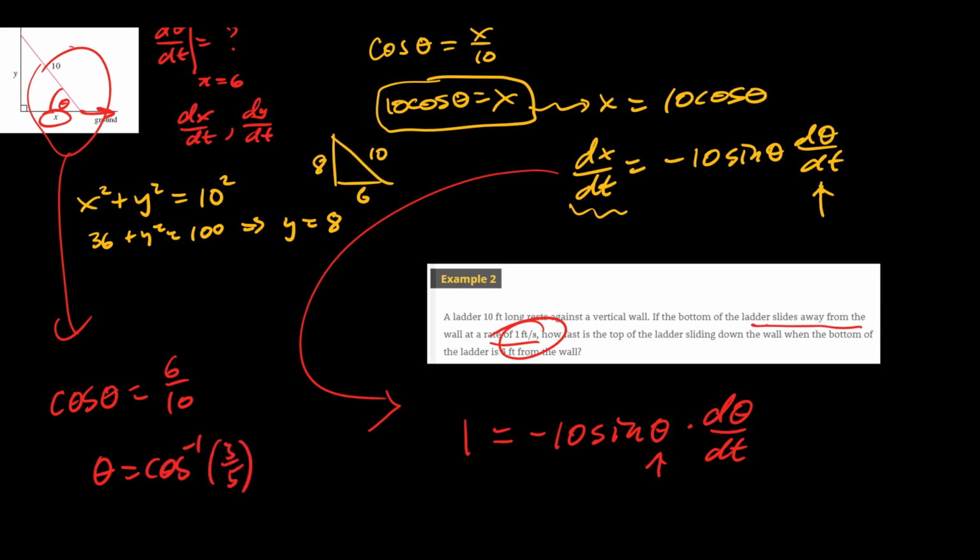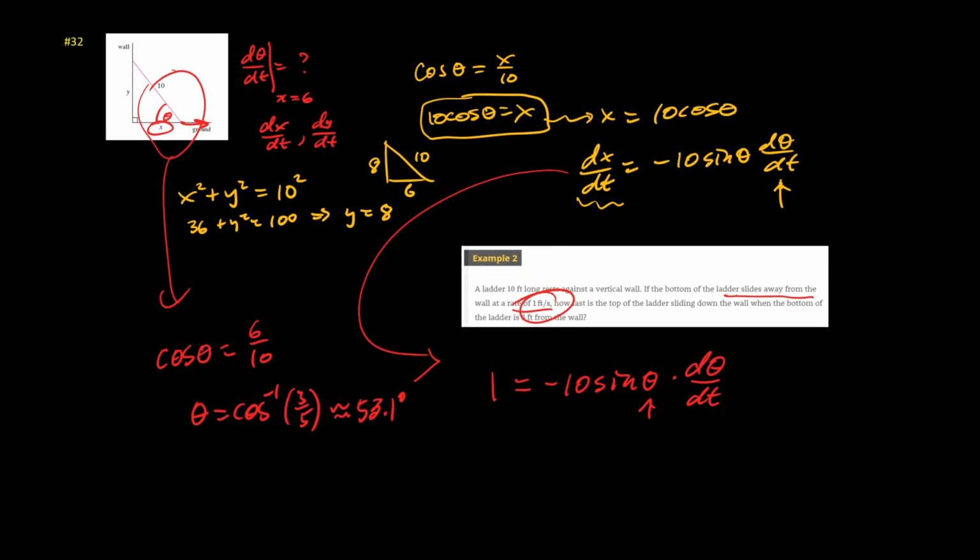All right, and when you do that on a calculator, you get about 53.1 degrees. And so when you take the sine of that, you get 0.8. I guess we could have done this: this is 8, this is 10, and so the sine of theta is 8 over 10.